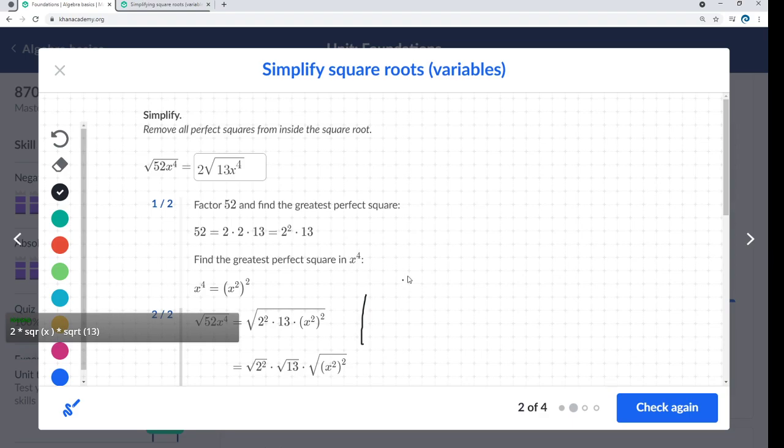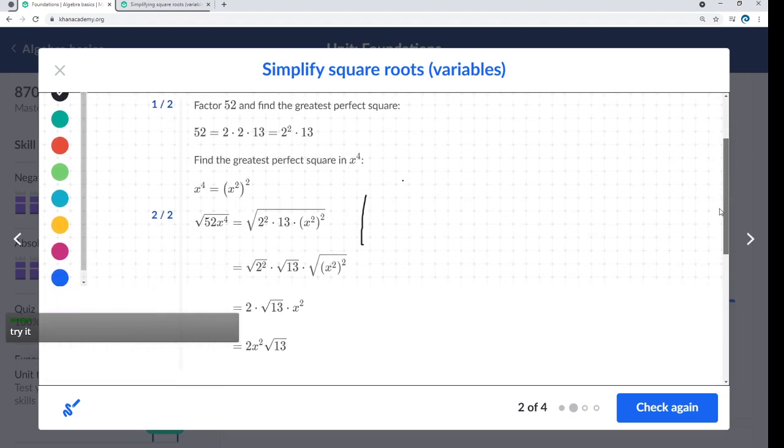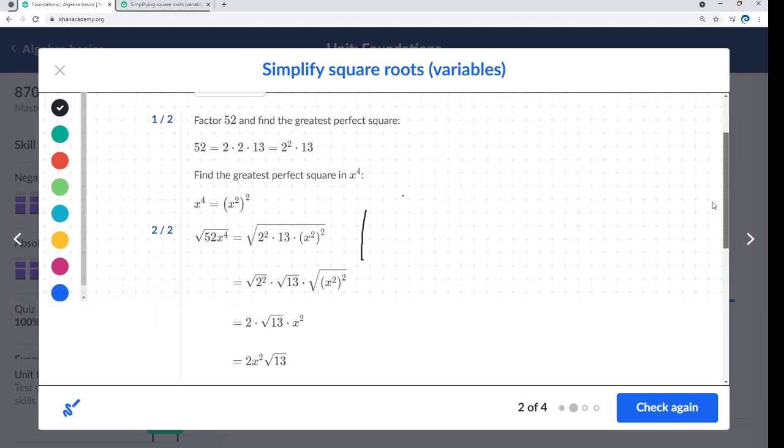Okay, so here we go. We did the factoring, so I did that right. Oh, that's what you were talking about. You were right. So that's what it was. So it was x squared.